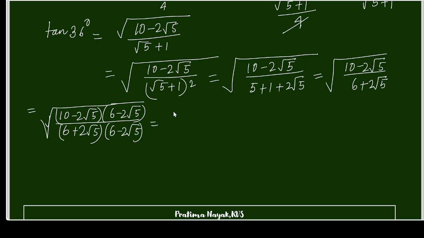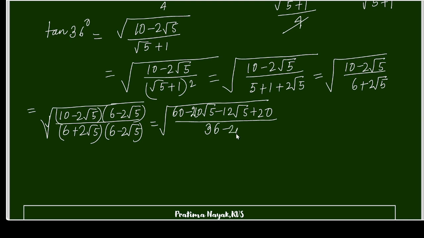It will be 60 minus 10 root 5 into 2, that is 20 root 5, minus 12 root 5, plus 2 to the 4, that is 20, full upon, in the denominator, a plus b times a minus b, 36 minus 20.